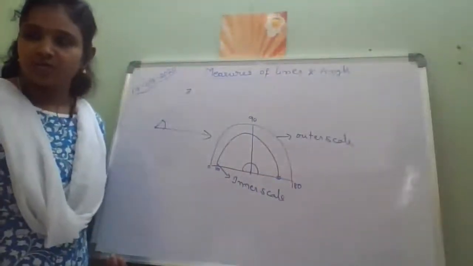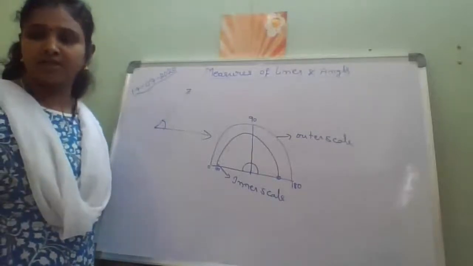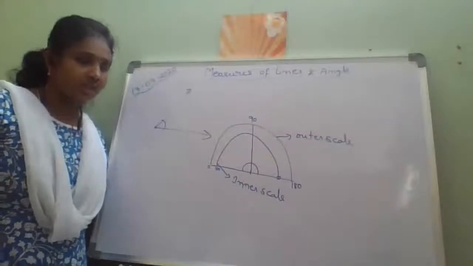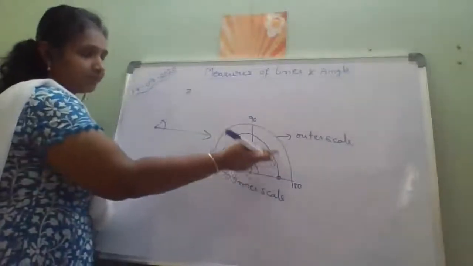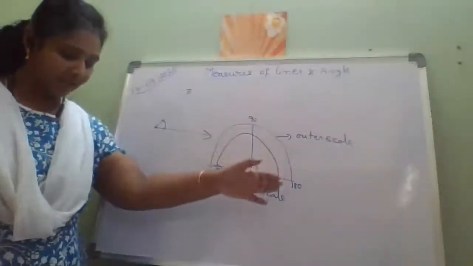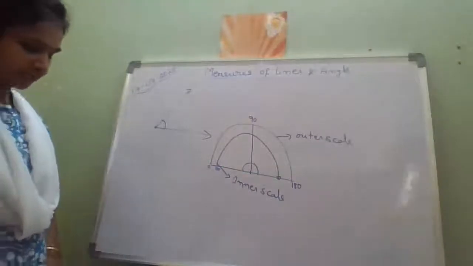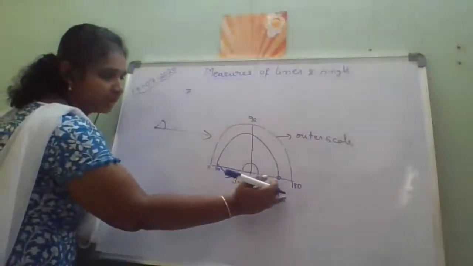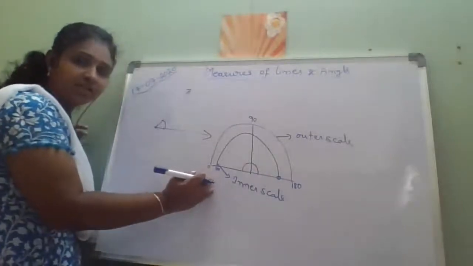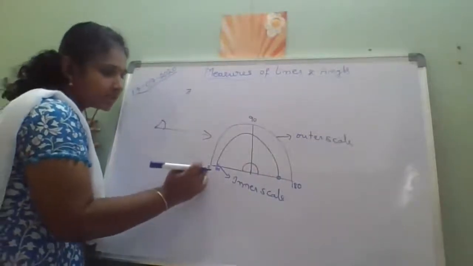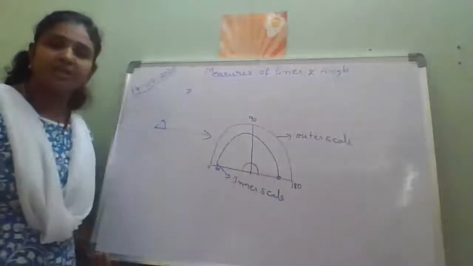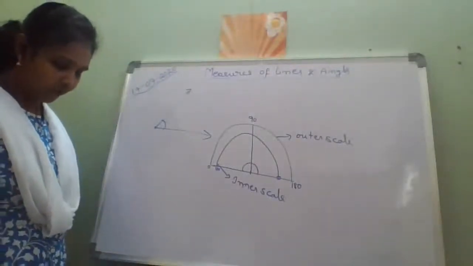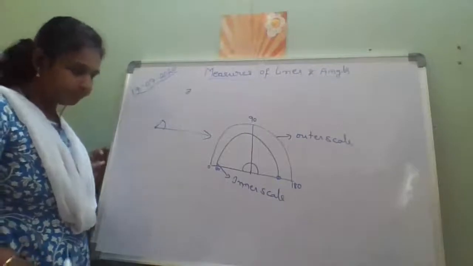Clockwise and anti-clockwise, two directions are there. This side means clockwise direction, and this side means anti-clockwise direction. Measuring 0 to 180 from here is clockwise, and 0 to 180 the other way is anti-clockwise.